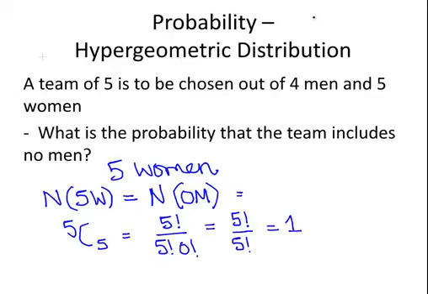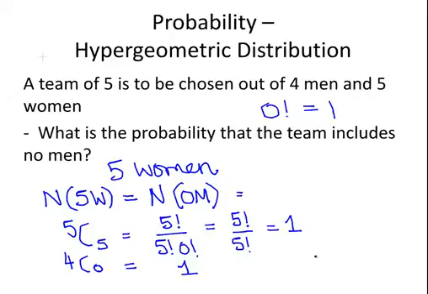An important thing to remark here, 0 factorial is equal to 1, always. Times the number of ways we can choose 0 men from 4, that's 1 as well. If you just try and write it down, you'll see that it works out. Rather than having 5 people, it's 4 people.